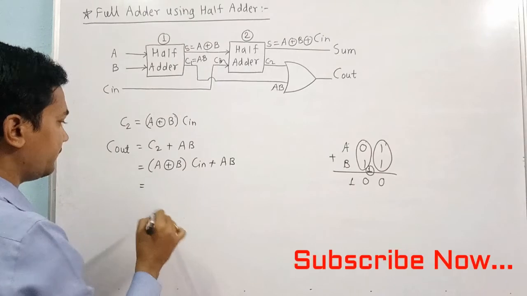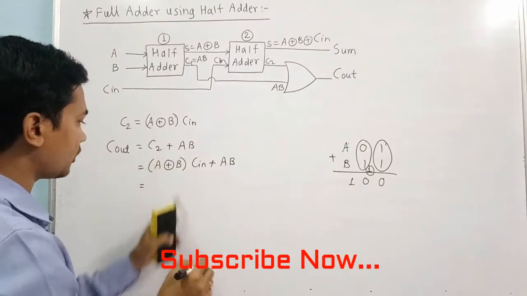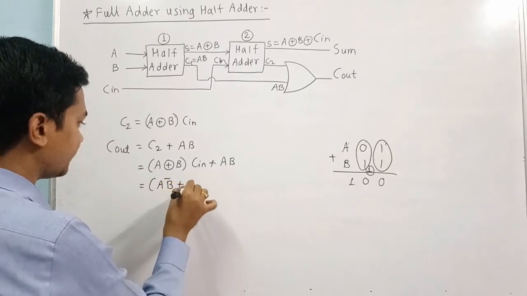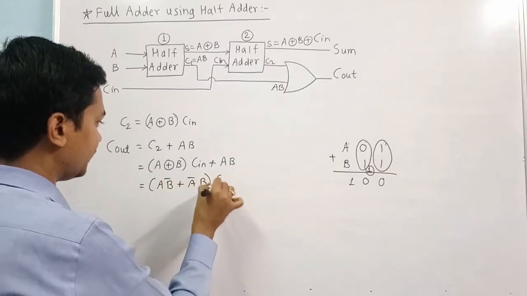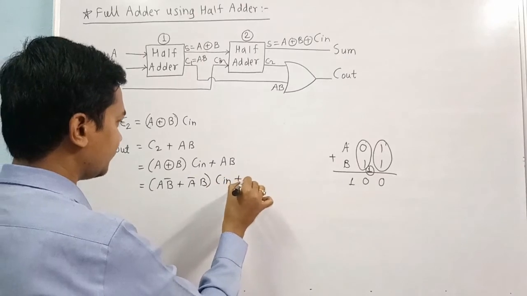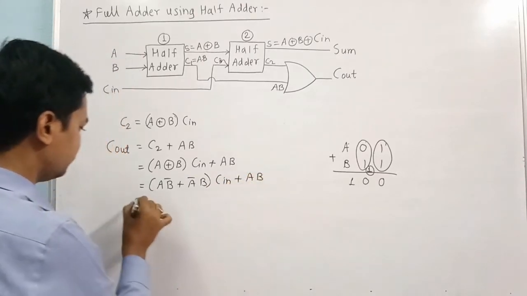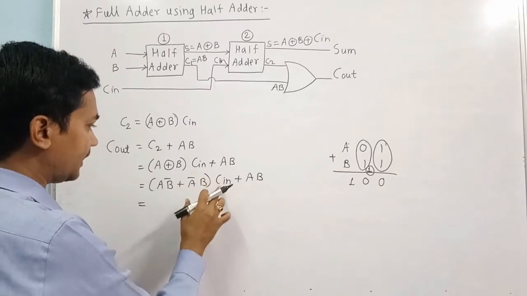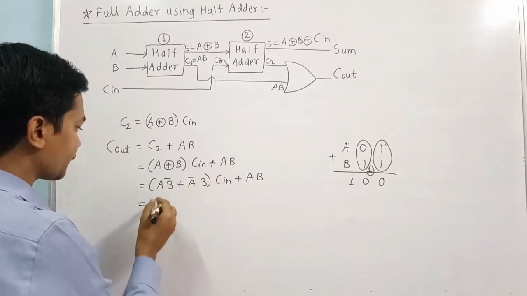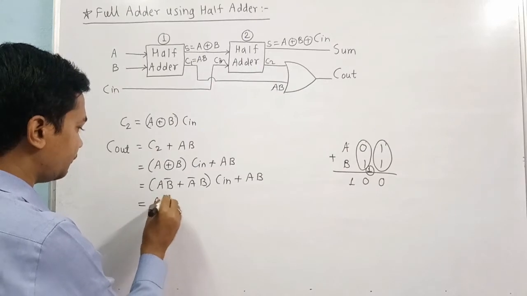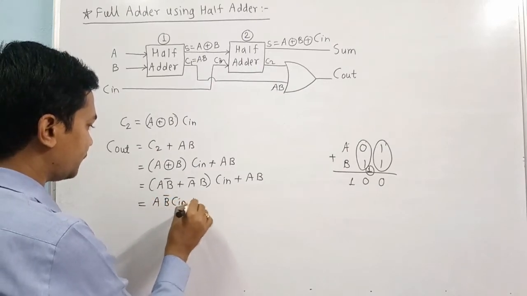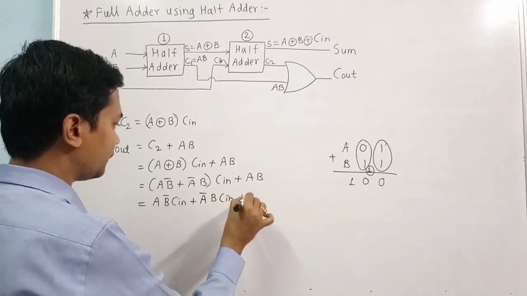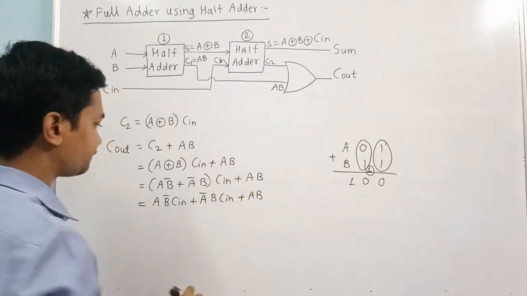Now what will we do? We will simplify A XOR B as A B bar plus A bar B, into C in, plus AB. Now we will further simplify this expression by multiplying C in into the bracket. So A B bar C in plus A bar B C in plus AB.